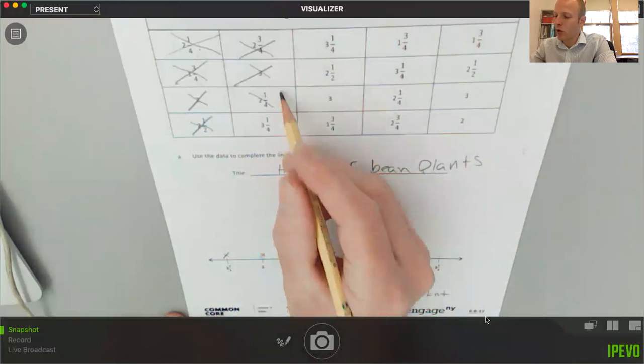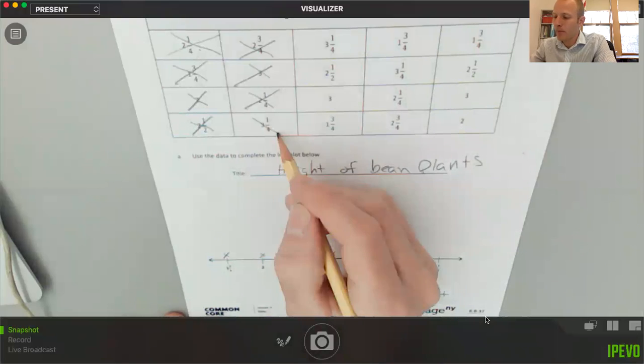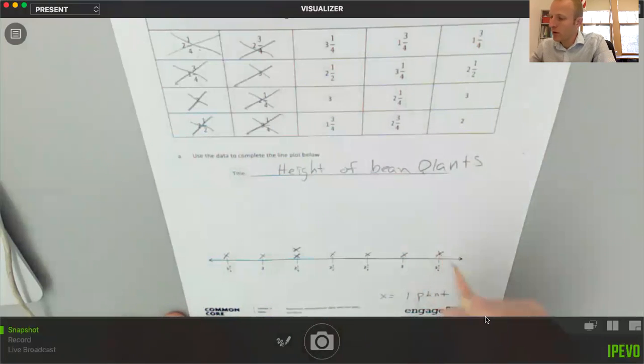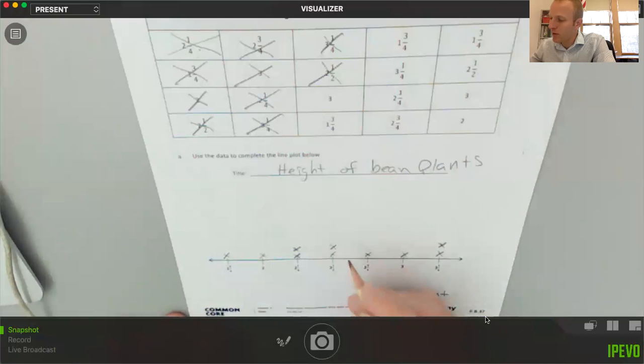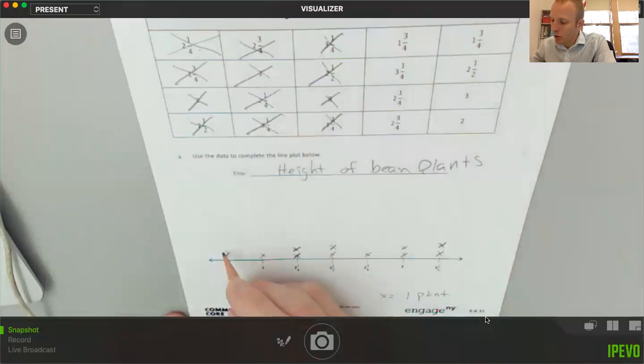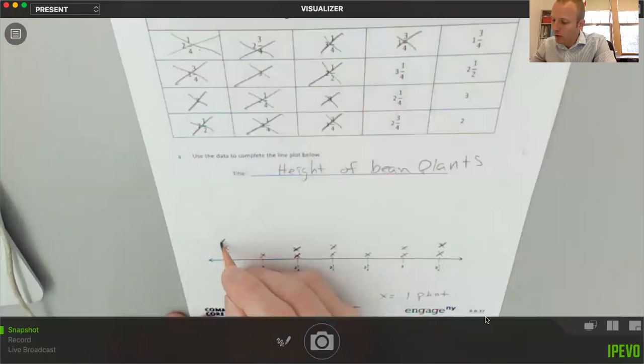Now we have 2 1/4 again, which means I need to put a second X there. This is now showing that 2 plants measured 2 1/4 inches tall. 3 1/4, another 3 1/4. So again, 2 plants measuring 3 1/4. 2 1/2, 3, 1 3/4, another 1 3/4, another 1 3/4.